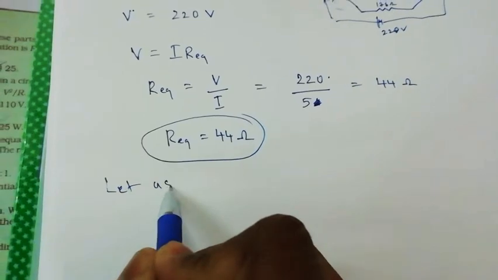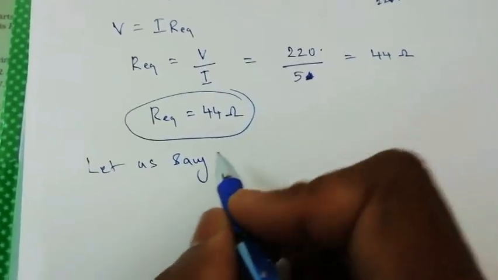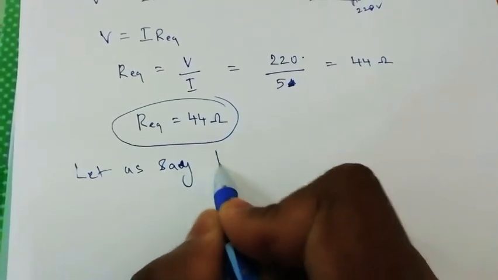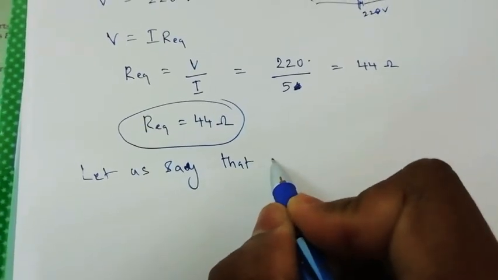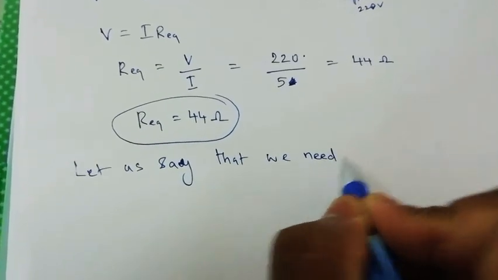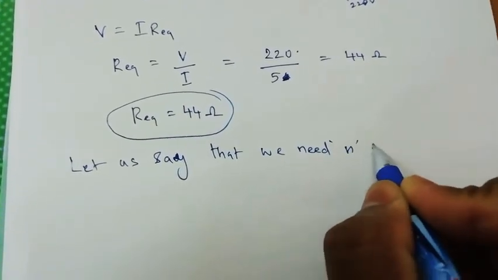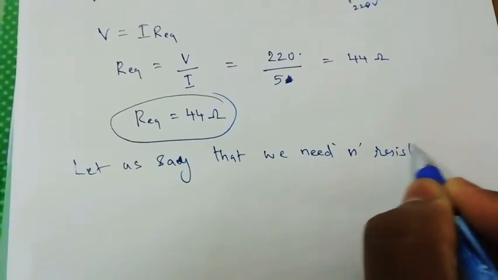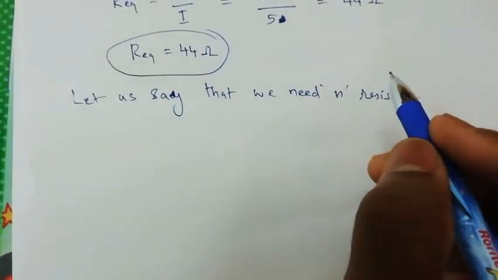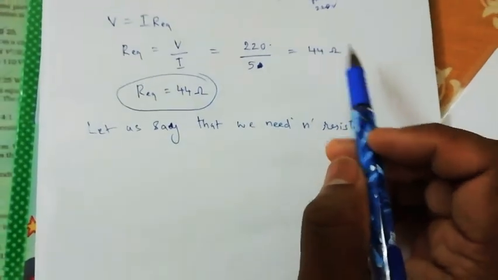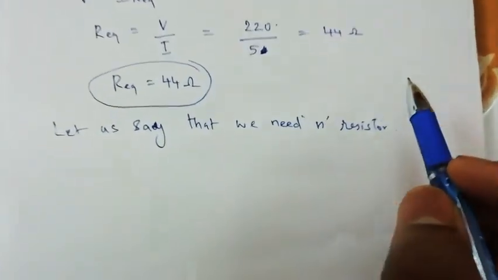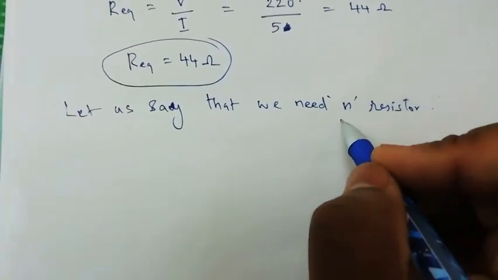So let us say we need n resistors. We don't know how many resistors are needed, and each resistor has 176 ohms.